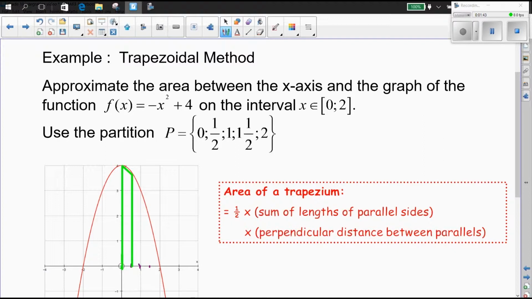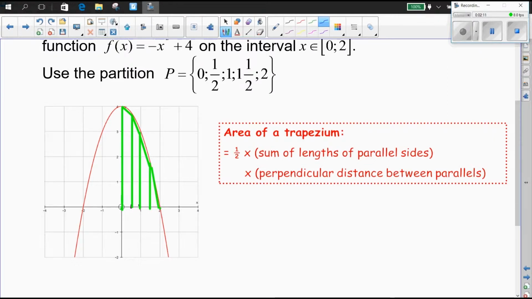My second trapezium will be between x equals half and x equals 1. My third trapezium is at x equals 1.5, and my last trapezium will be at x equals 2. So the side of that trapezium would be there.